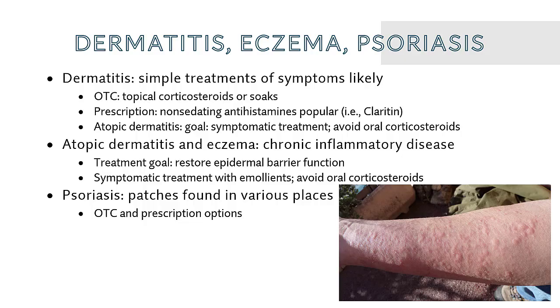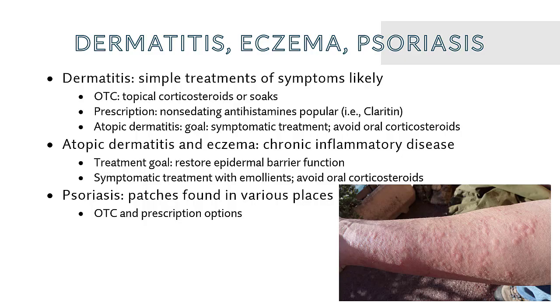The goal is symptomatic treatment and avoiding oral corticosteroids. For atopic dermatitis and eczema, these are considered chronic inflammatory diseases. The treatment goal is to restore the epidermal barrier function. So symptomatic treatment with emollients is preferred, avoiding oral corticosteroids.